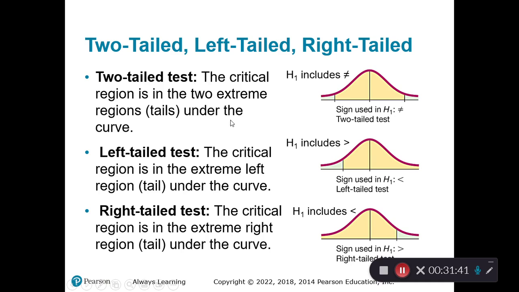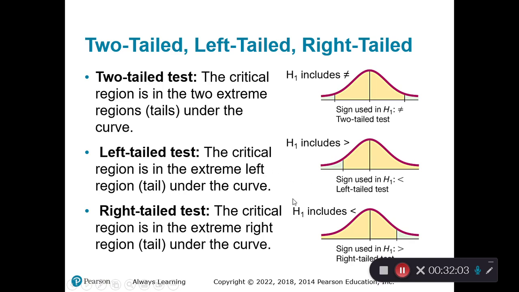In a two-tailed test, you have 2 critical regions. You have a critical region in the lower tail on the left and in the upper tail on the right, and those are mirror images of each other. A left-tailed test and a right-tailed test are called one-tailed tests, so they're kind of grouped together as one-tailed tests.